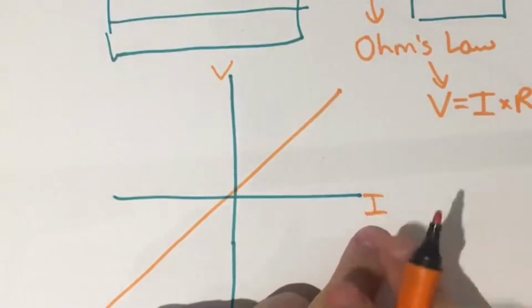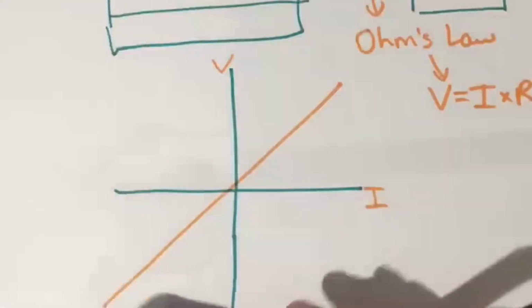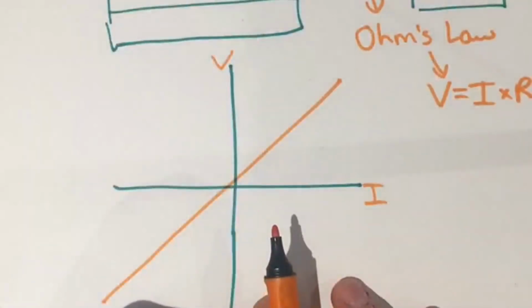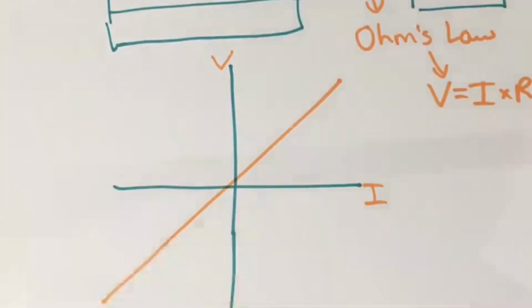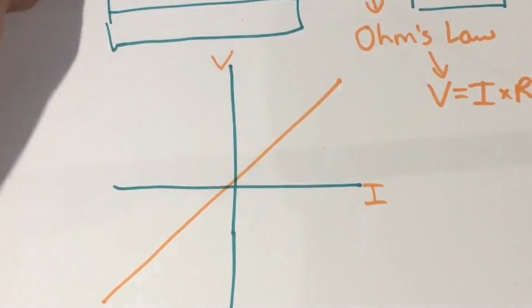Remember current is really weird. Current has a symbol I because scientists. So that is an ohmic resistor. Now, there's a couple of other variations. These ones are non-ohmic devices. So let's combine them all. We've got ohmic devices, which is basically a length of wire or a resistor, and you end up with that shape.